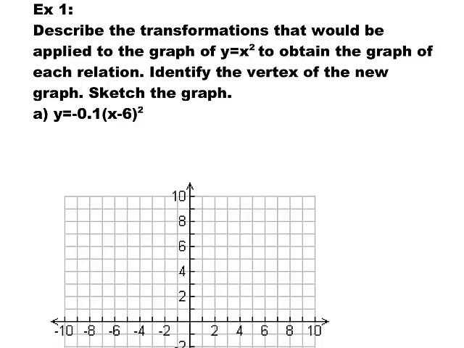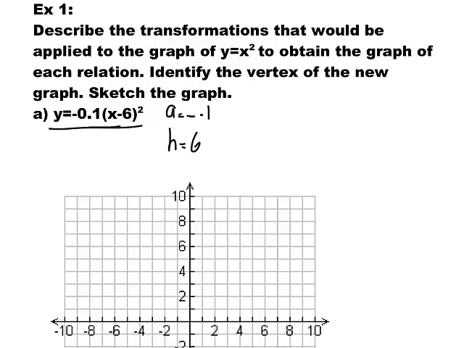The first question says, describe the transformation that would be applied to the base function y equal x squared to obtain the graph of y equal to negative 0.1 times x minus 6 squared. Okay, the transformation. First, the a value is negative 0.1 and h is 6. Remember, the formula is x minus h, and this is x minus 6, so h is 6.